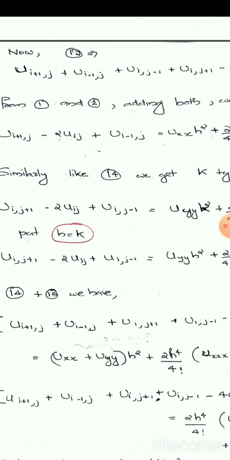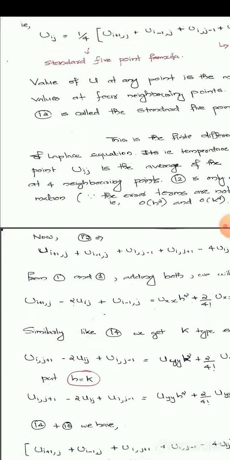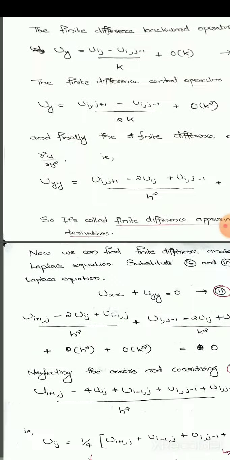So we get the K type of equation, and put H equal to K. It is important that H is equal to K is used, because in the standard 5-point formula we also neglect the errors and H is equal to K is put. So the mesh or grid-like structure becomes a square structure.